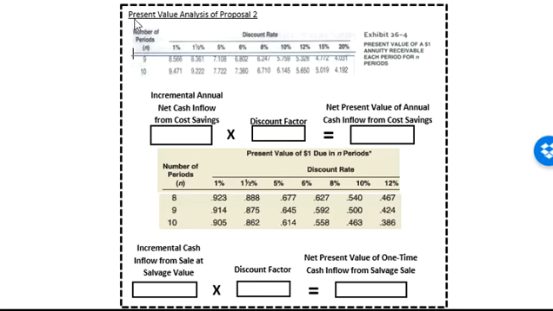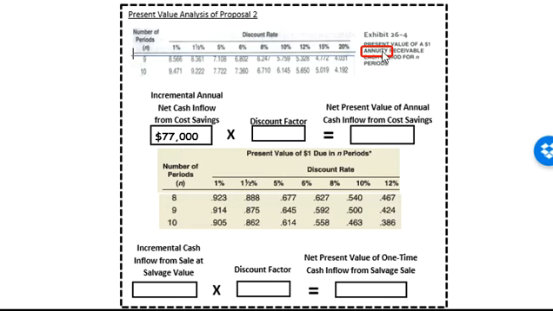I haven't reproduced the columnar numbers for proposal 1 or proposal 2 at the top, because we've already seen them before. So we're just going to plug in the numbers. Again, we're looking for the annual cash flows over the life of proposal number 2, and those happen to be $77,000 per year.